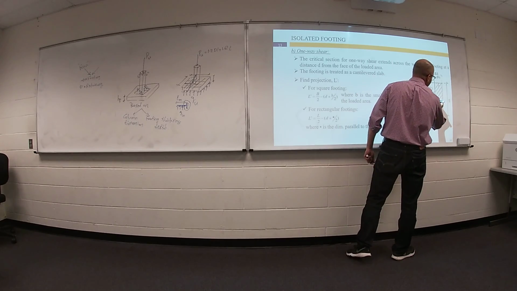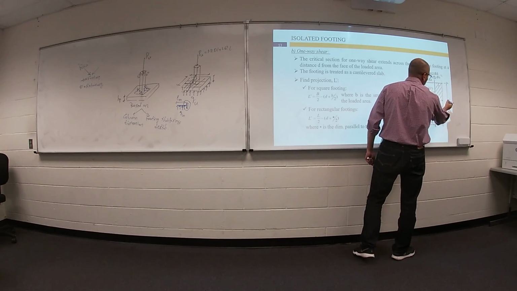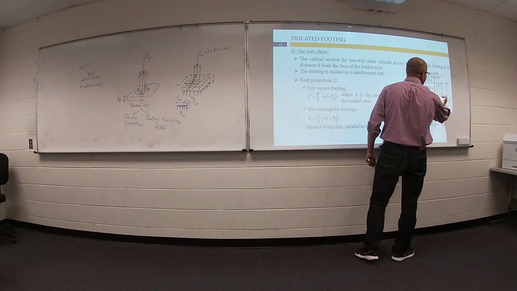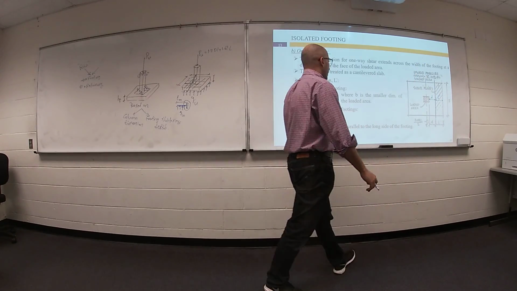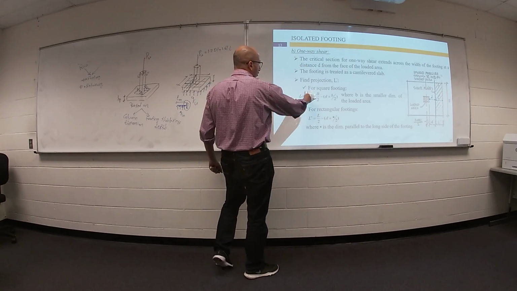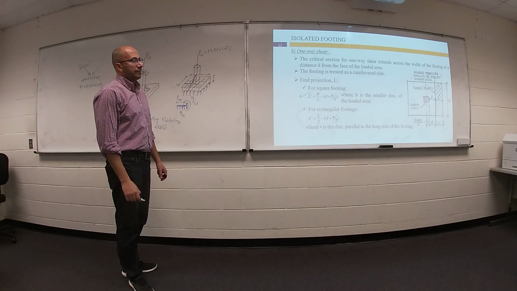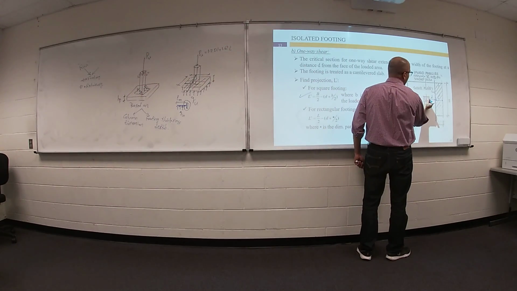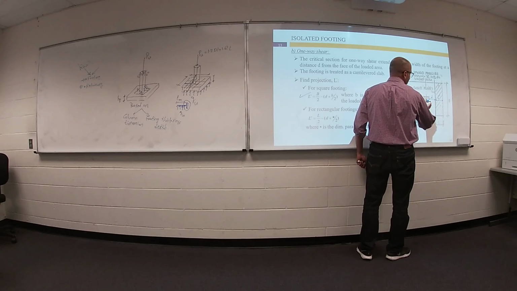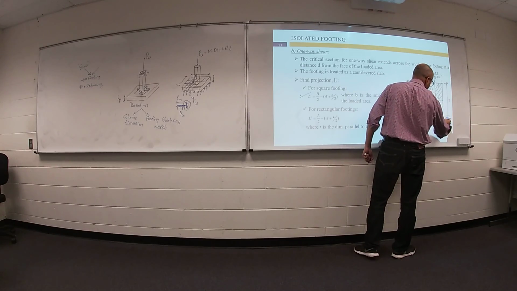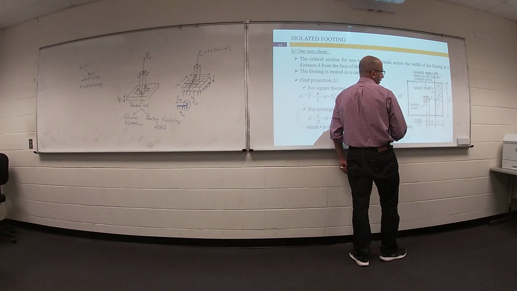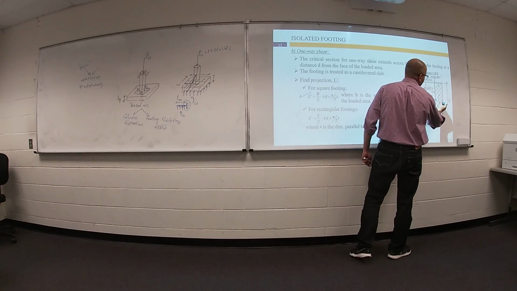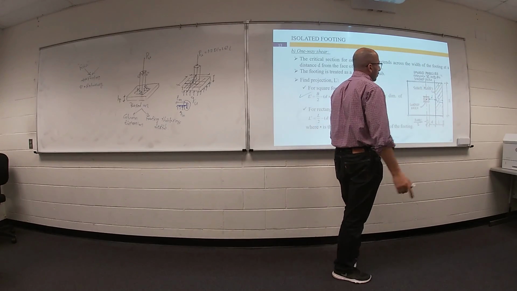The remaining distance to the edge of your footing we can call L prime. Go ahead and calculate your L prime any way you like. Remember, the center line of the column is the same as the center line of your footing, so you have many ways to calculate this distance.